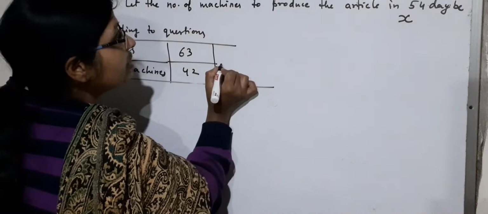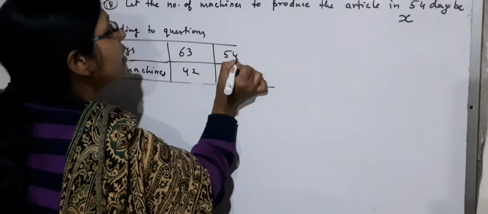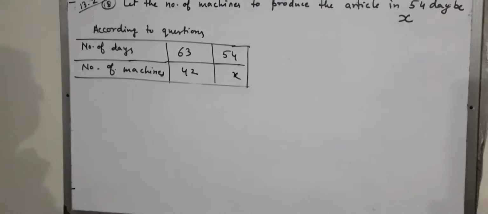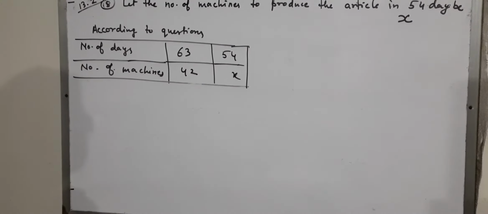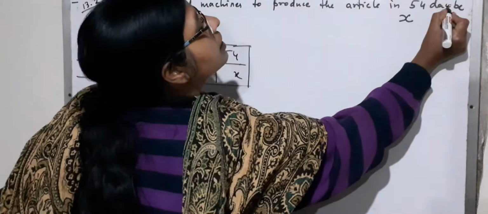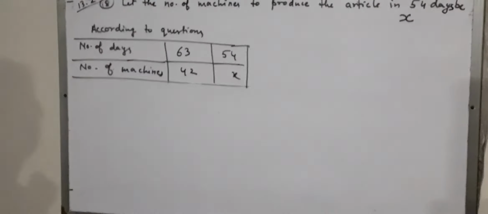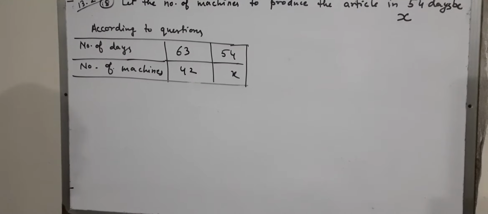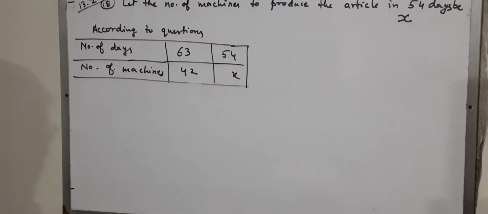And when number of days is 54, then number of machines we use is X. Since the number of days is decreasing, then number of machines must be increasing. So this is inverse proportion.